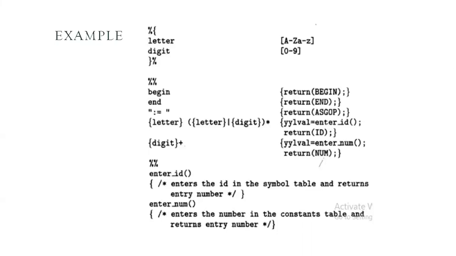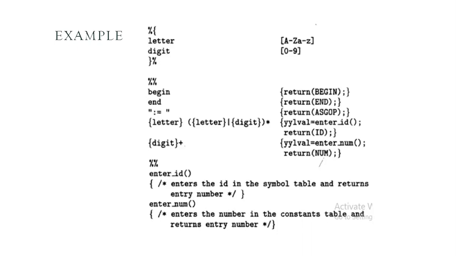Now, in the specification you can see letter can contain capital A to Z, any combination, and small a to z, any combination. Digit can accept any combination between 0 to 9. So what is meant by letter and what is meant by digit is clear in the specification. Now in translation rules, if there is a combination of letters B, E, G, I, N, then return begin.